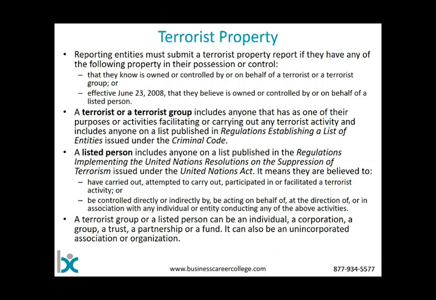A listed person includes anyone on a list published in the regulations implementing the United Nations resolutions on the suppression of terrorism, which is part of the United Nations Act, and it means they're believed to have carried out or tried to carry out or helped with a terrorist activity, or it also includes if they're controlled, either directly or indirectly, by an individual or entity conducting terrorism.